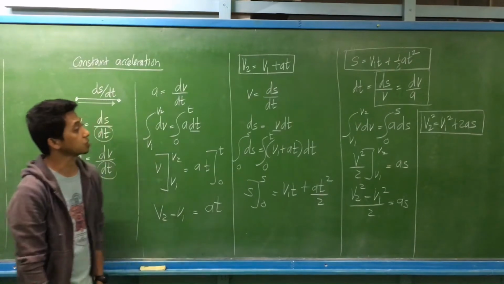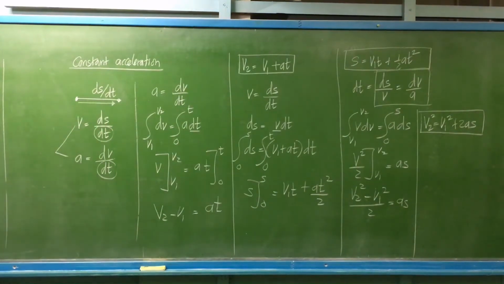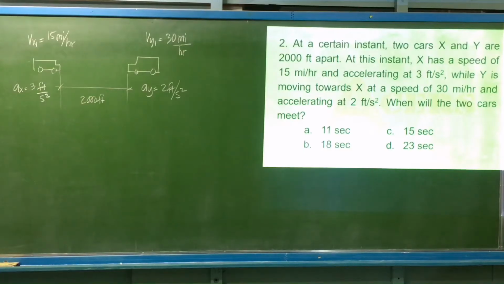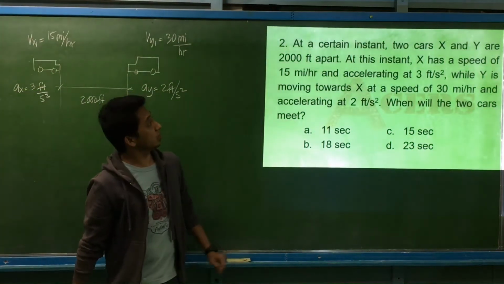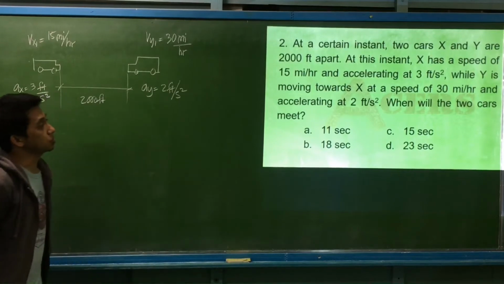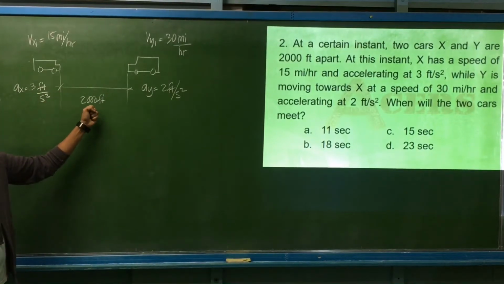So let's have an example. Our next example: at a certain instant, two cars X and Y are 2,000 feet apart.